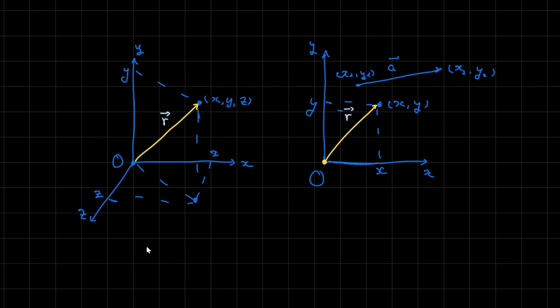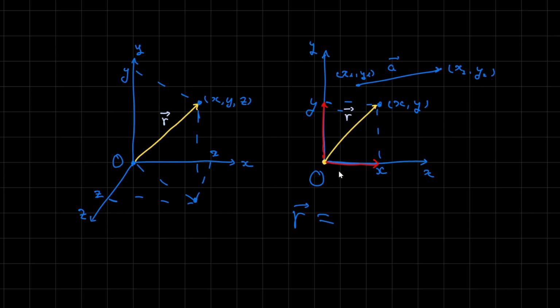Now we come back to our coordinates, and after knowing about unit vectors, we can write r as equal to the following. You can see that r is the sum of these two vectors, right?